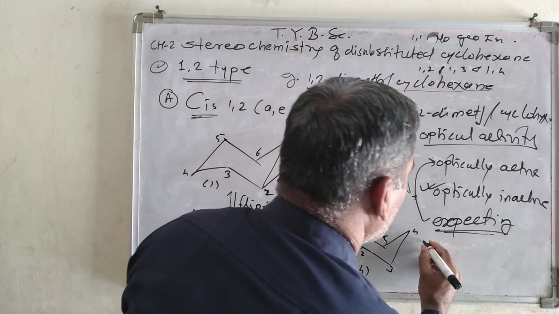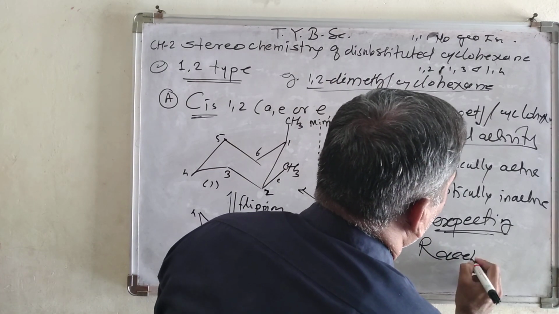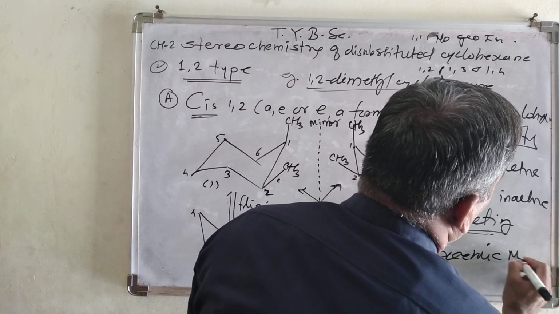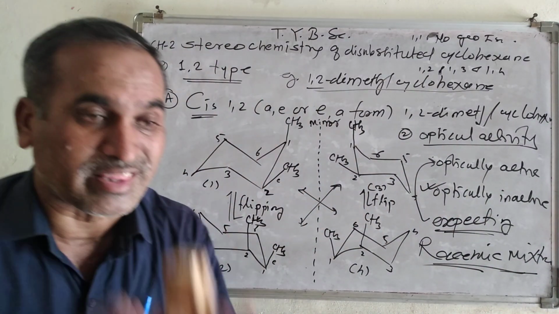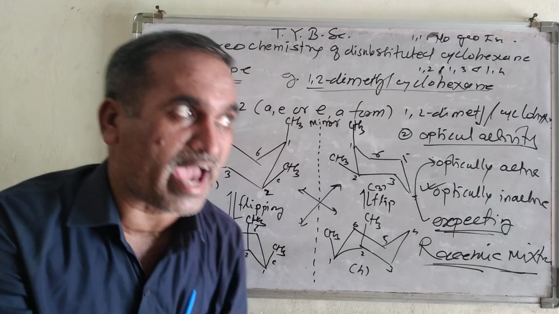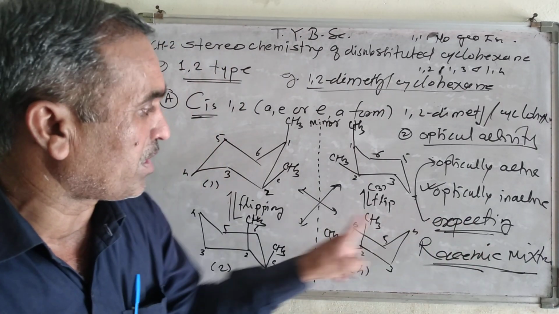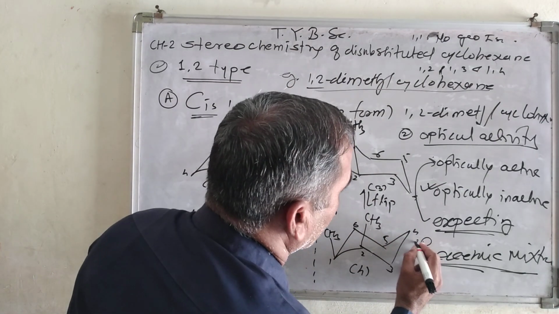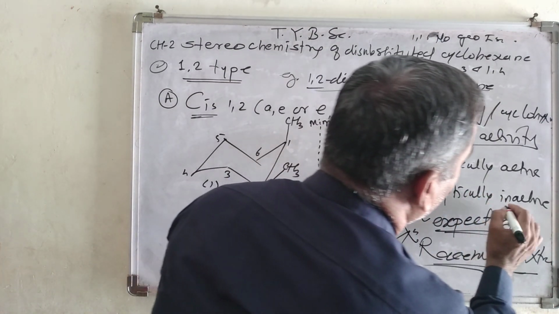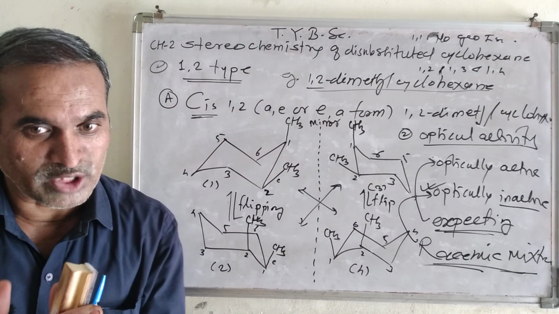Do you know that racemic mixture? Racemic mixture means they are optically inactive in nature. These are the racemic mixture. Due to this racemic mixture, these compounds are optically inactive in nature. Got it?